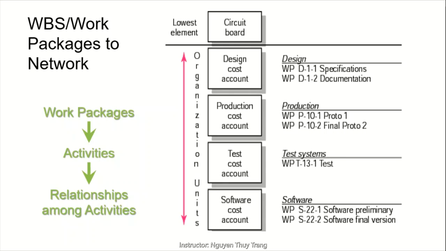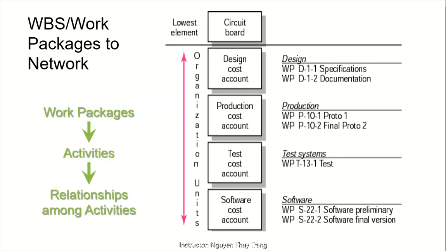Each cost account represents one or more work packages. For example, the design cost account has two work packages, G11 specifications and G12 documentation. The software and production accounts also have two work packages, while the test cost account only has one work package.